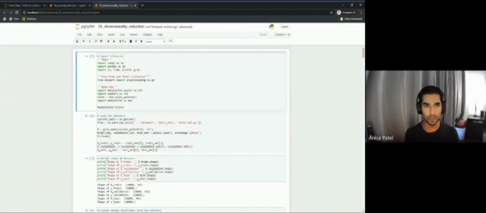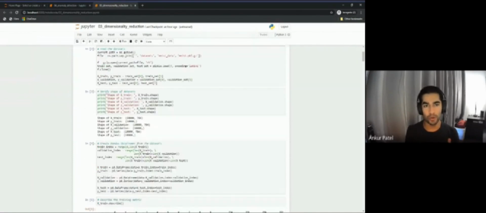So with unsupervised learning, the first step that we'll go through is dimensionality reduction. And in order to work on this problem, we're actually going to load MNIST, which is a data set of images of digits. It is very much a classical data set in machine learning, but what we're going to do is work on it without using any of the labels.